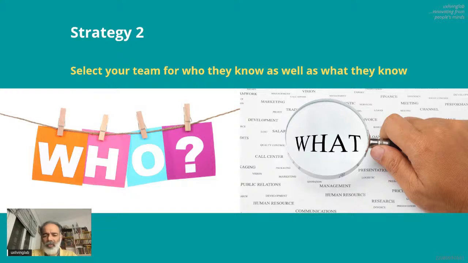People should know who the other team members are and what they can contribute. So their emotional feelings, their capabilities, their behavior, all these human factors, you have to understand each other. At the same time, their academic expertise in the field. So that is important in strategy 2.